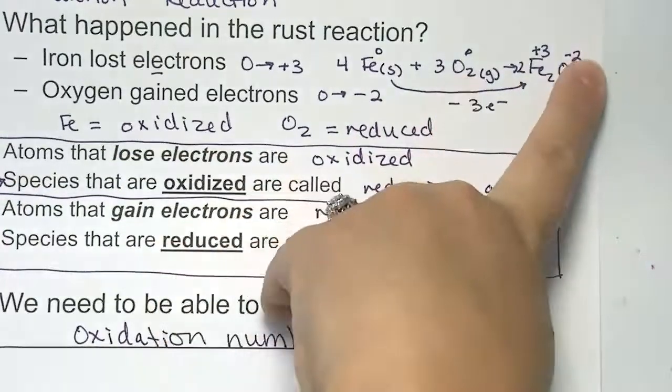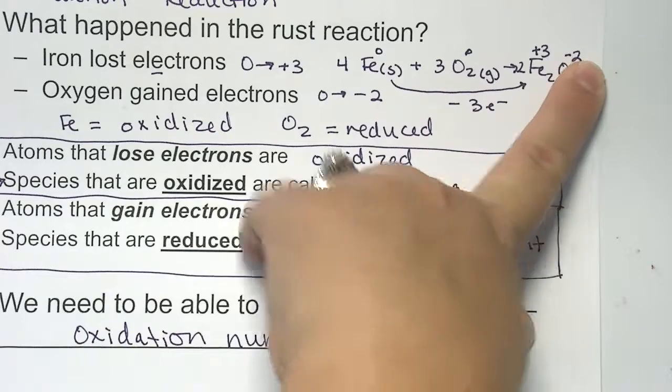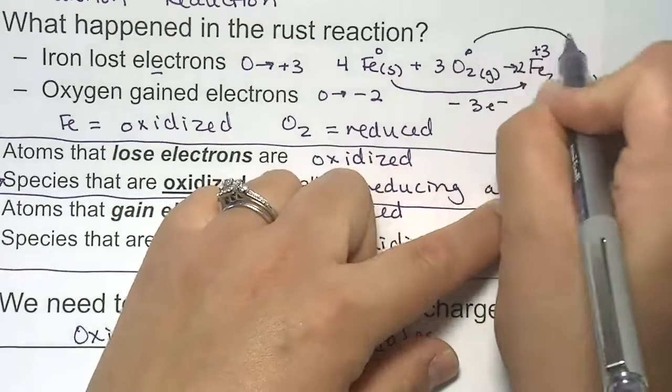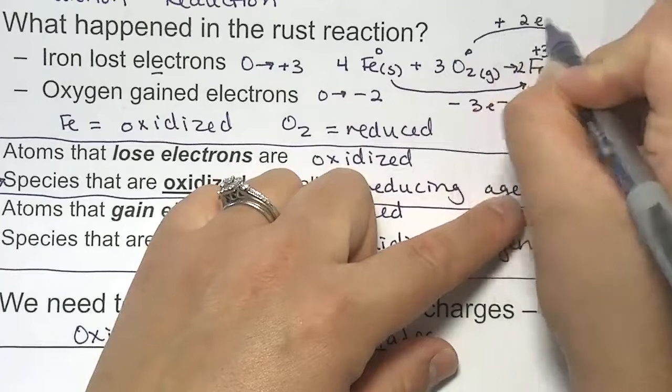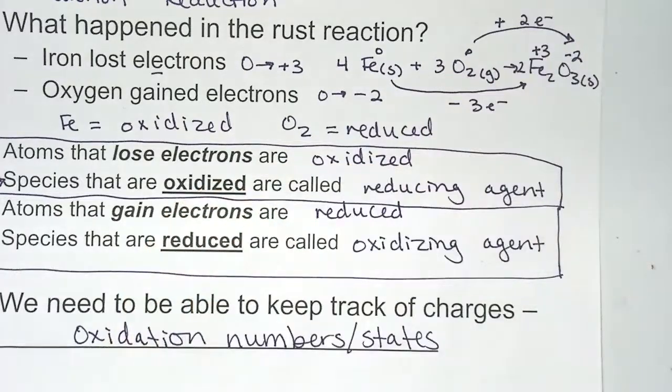Oxygen needed to become negative. So then what happened? It grabbed 2 electrons. And when we were able to balance the equation, we ended up at the end with the same number of electrons, which was 12. So there, we moved around 12 electrons. But basically the iron gave them up, the oxygen took them. Make sense? You with me?